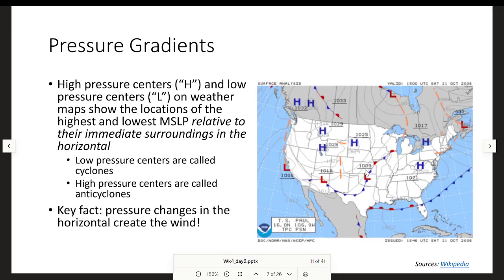So let me go back to the last one. You see this one right here, this little blue with the triangles, that's a cold front. This is a stationary front, but you can kind of assume that it's warmer air up here. So let's just say it's a warm front here. What's going on here is this low pressure is pulling in air. It's pulling in this continental polar air mass that's coming up from Canada and the poles.